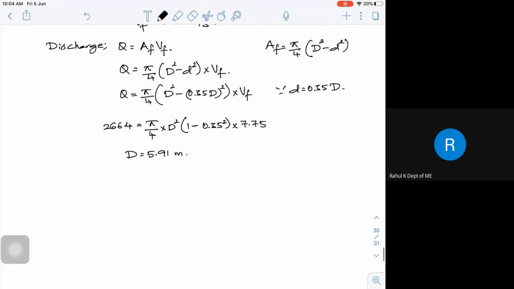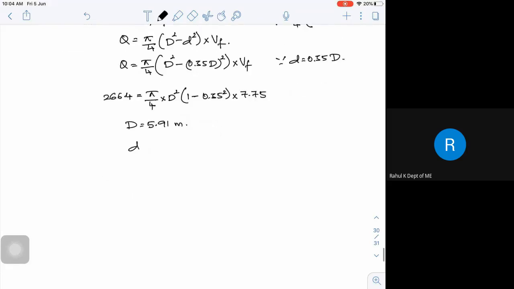Then what will be the small d? Small d will be 0.35 times 5.91, so I am getting small d as 2.07 meters. So this is my hub diameter, this is my tip diameter. I am able to get both hub and tip diameters.